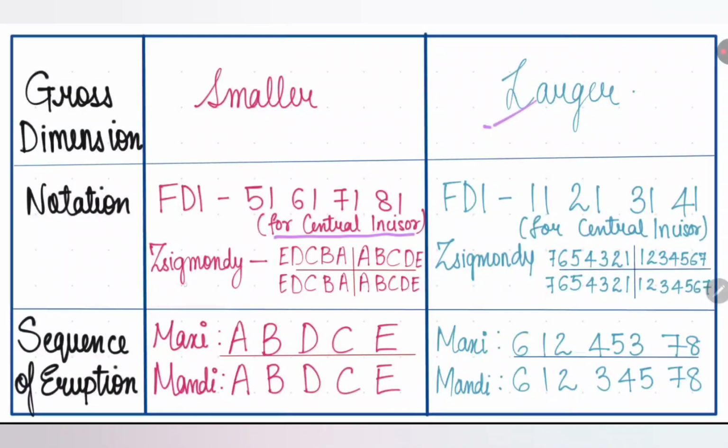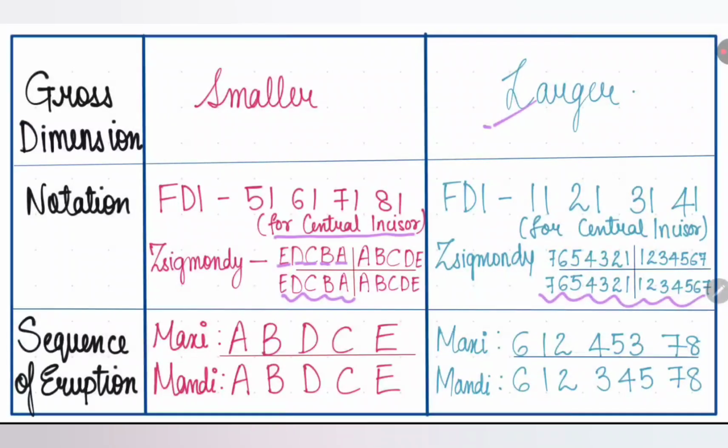Now talking about the Zsigmondy system. In the Zsigmondy system we use the plus sign, and for primary teeth we use alphabets, whereas for permanent teeth we use numbers. So A, B, C, D, E notate central incisor, lateral incisor, canine, first molar and second molar respectively.